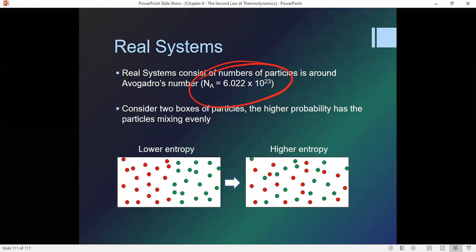And again, consider 2 boxes of particles of 2 different gases. The reds are on the left, the greens are on the right. I don't know, maybe we have nitrogen and oxygen here, and all the O2s over here, and all the nitrogens here, right? How likely is that going to happen in the room? Are there different parts of the room where you're like, oh yeah, I love this, there's oxygen here, I can breathe here?